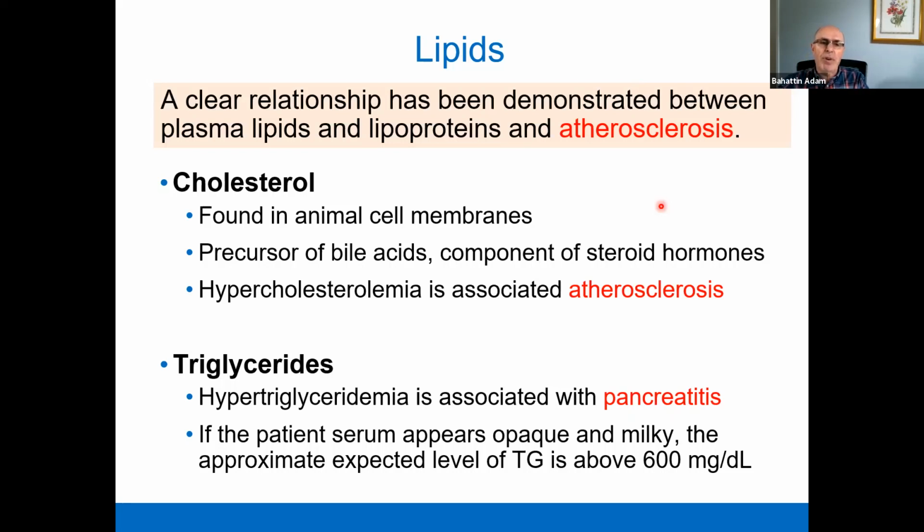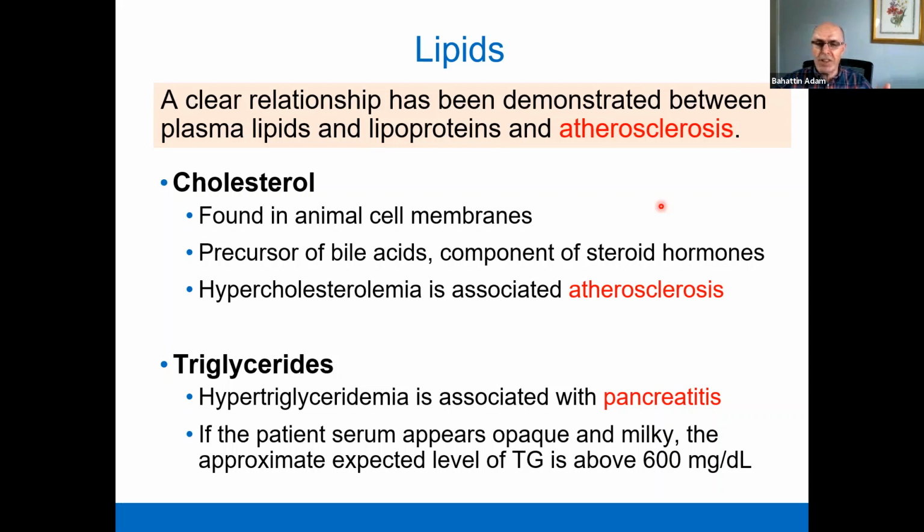Cholesterol is found in the human cell membrane. Cholesterol is not bad; too much cholesterol is bad, because cholesterol is used to produce vitamin D and some hormones. Also cholesterol is a component of our membranes.